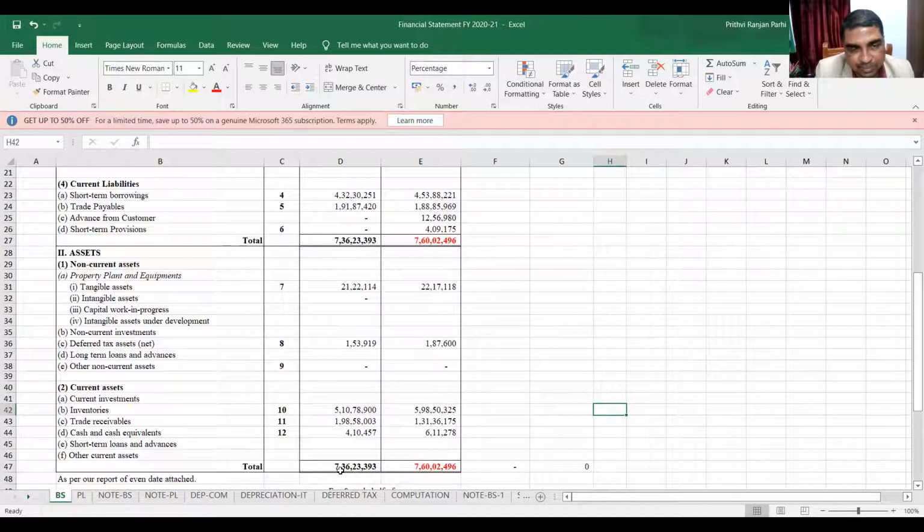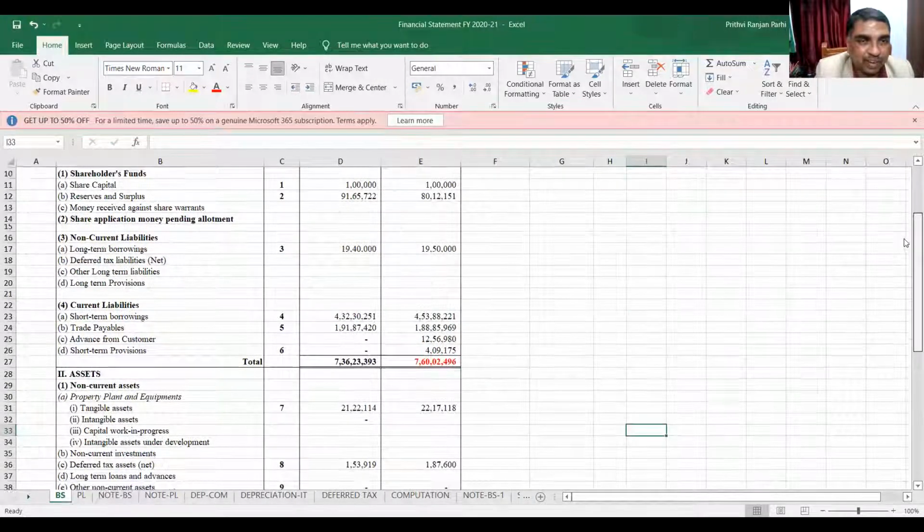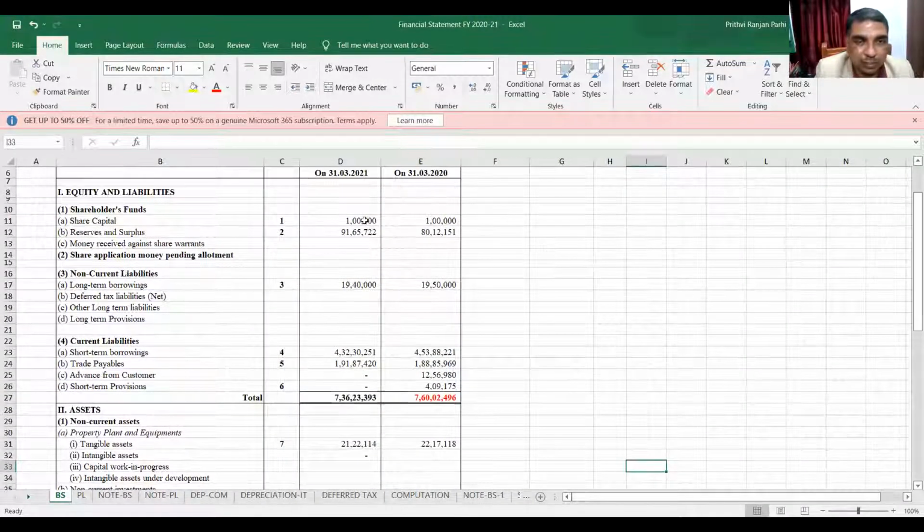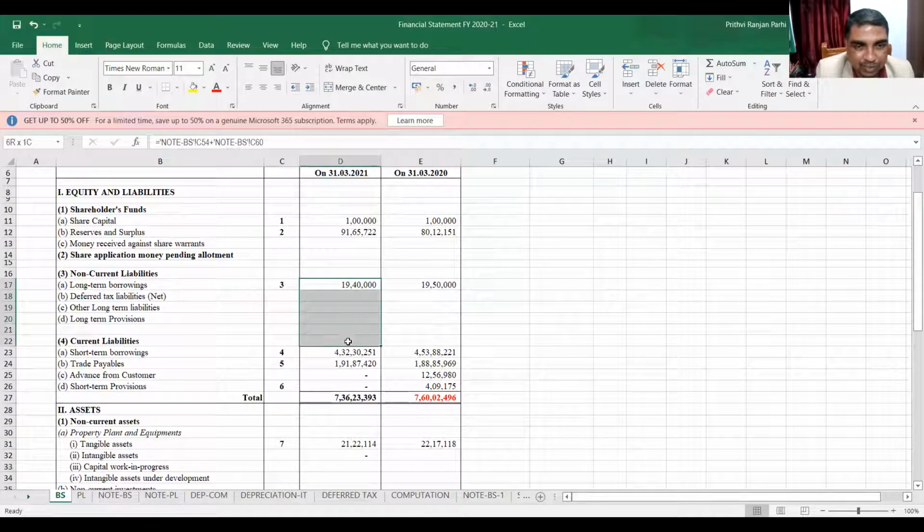How much? Can you note down? 736,23,393. Okay, that is the book value of assets. If you take the book value of liabilities, you have to exclude the equity portion. Forget about this equity portion. If you take up to this, the book value of assets, did you note down?